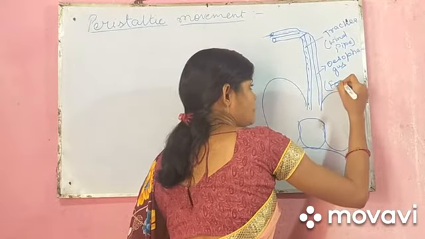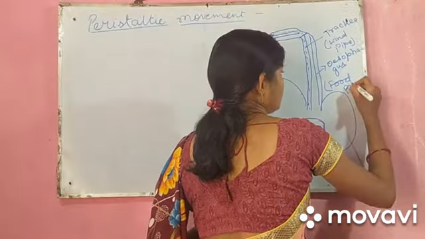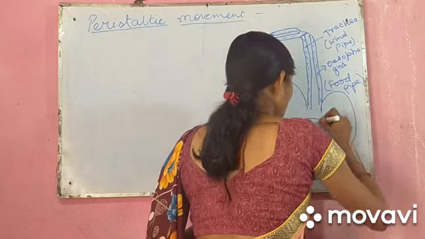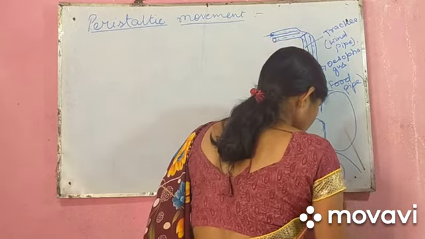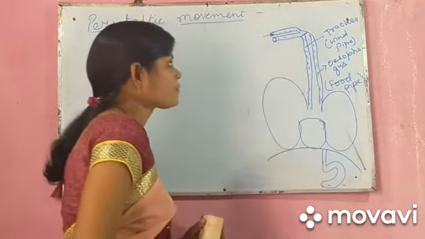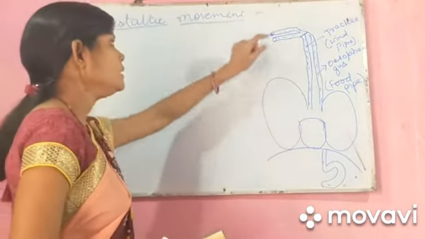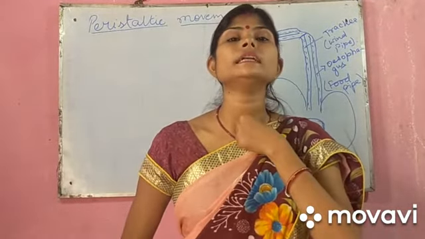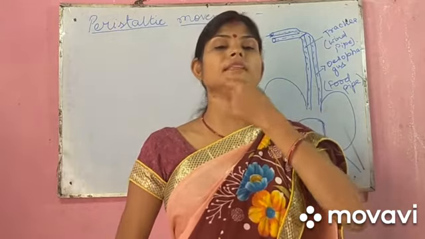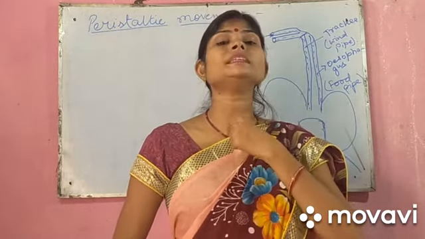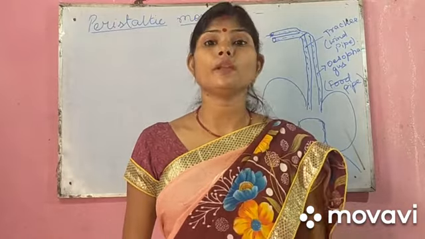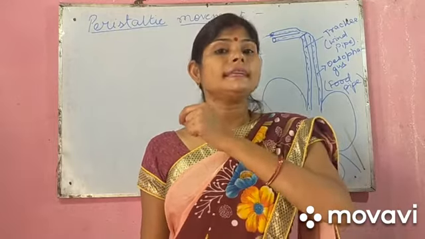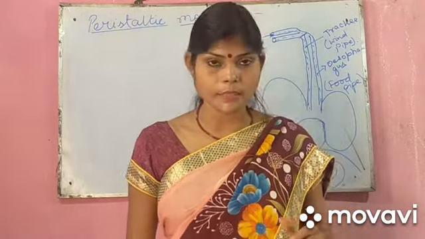Esophagus is known as the food pipe, which carries the food to our stomach region. The windpipe is in front, and just behind it is our food pipe. The windpipe opens into the lungs region, the thoracic region, and the esophagus, just behind the trachea, opens into the stomach region.